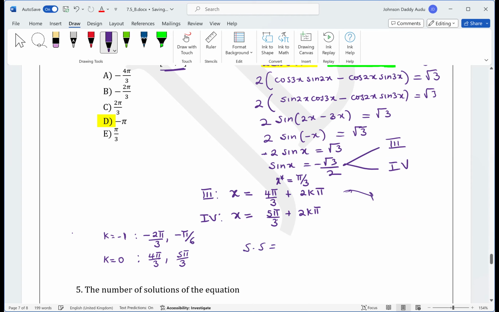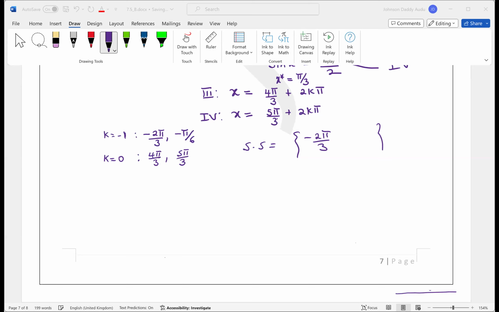So I think the solution set is going to be -2 pi over 3 and also minus pi by 6. Actually, when k is -1, this is not pi over 6, but it's minus pi over 3.